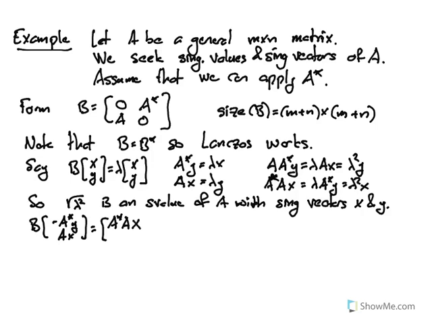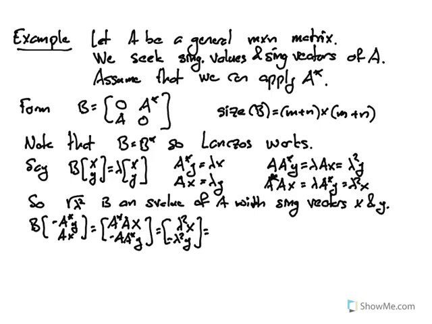A star A, yes, that's right. And then I get minus A star y. And if we look at our relations up here, we see this is equal to lambda squared x, that's minus lambda squared y.